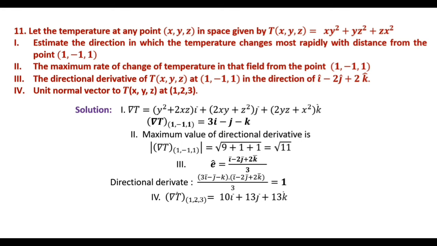And the unit normal vector means this vector divided by its own length. The length will be square root of 10 square plus 13 square plus 13 square: 10 square is 100, 13 square is 169, and 13 square is 169. Overall it is 438. Hence the required unit normal vector to the temperature function at the point P is this vector.